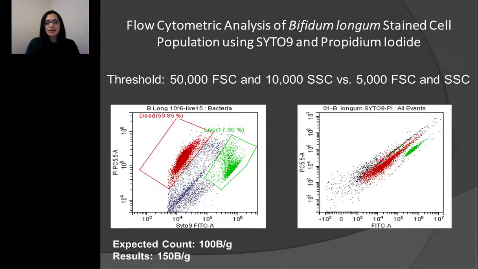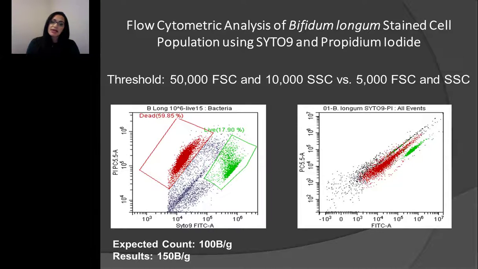You can see how you have these two populations separated, and you can gauge them easily compared to the one to the right, where we have a setting of 5,000 for 4 scatter and 6 scatter, respectively. It's a little more challenging, and you can see the difference in the graph. So it makes a big, big difference, and it's super important that we have the right settings for each of these samples that we deal with.